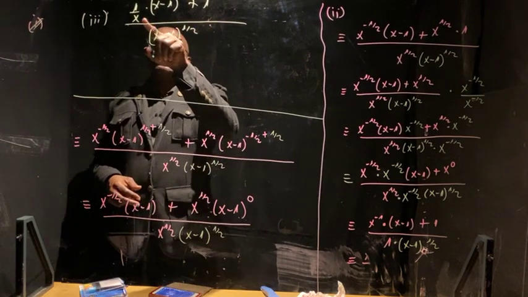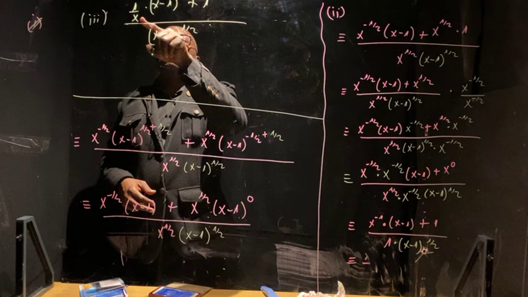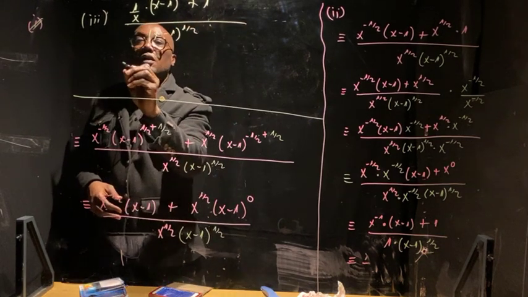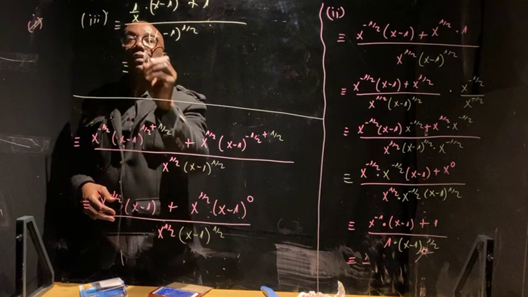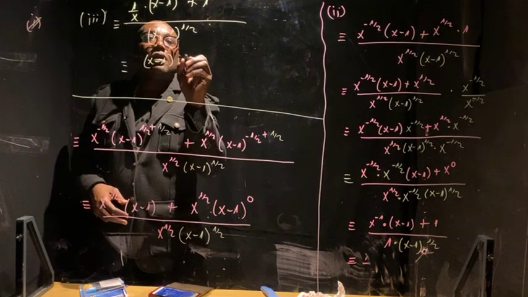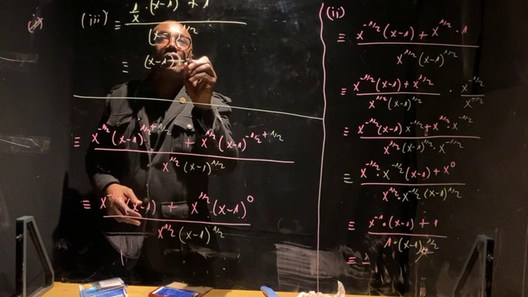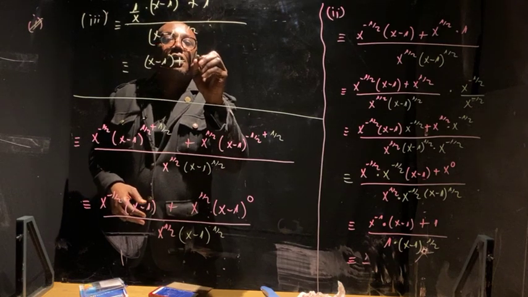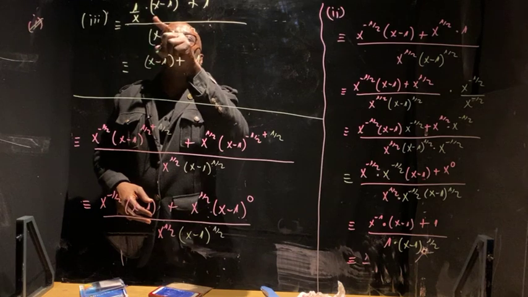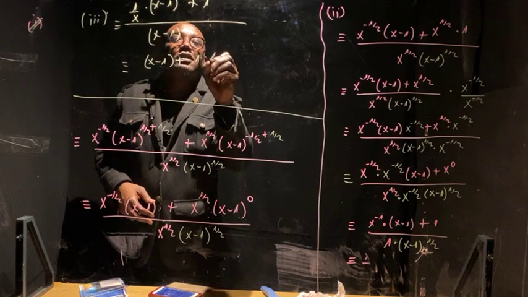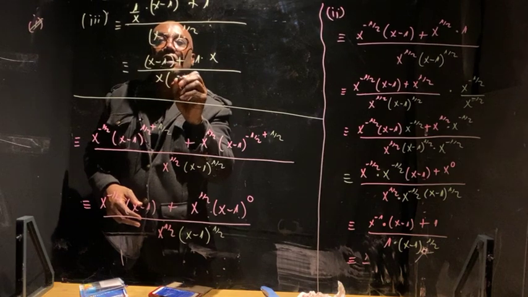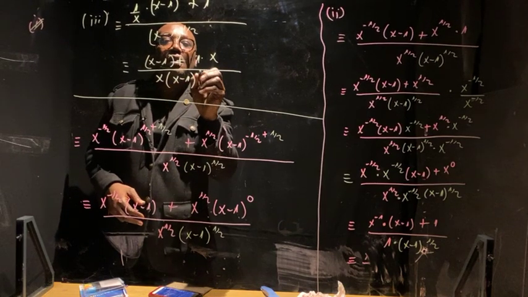This one you can cross multiply this one to that, so it becomes x minus 1 plus 1 multiplied to x, you are cross multiplying, all over x minus 1 half.